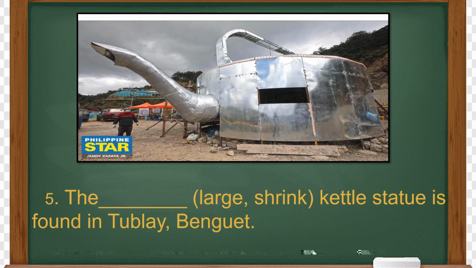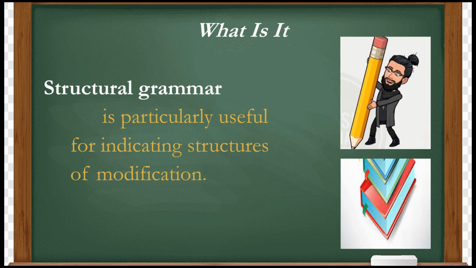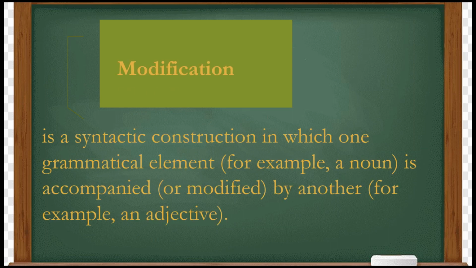Structural grammar is particularly useful for indicating structures of modification. Modification is a syntactic construction in which one grammatical element, for example, a noun, is accompanied or modified by another, for example, an adjective.